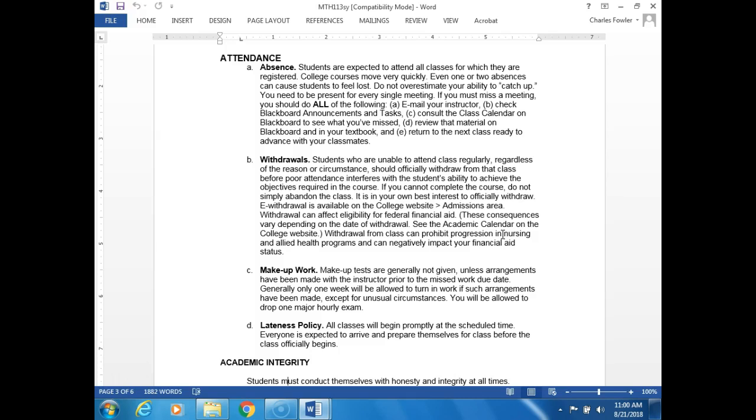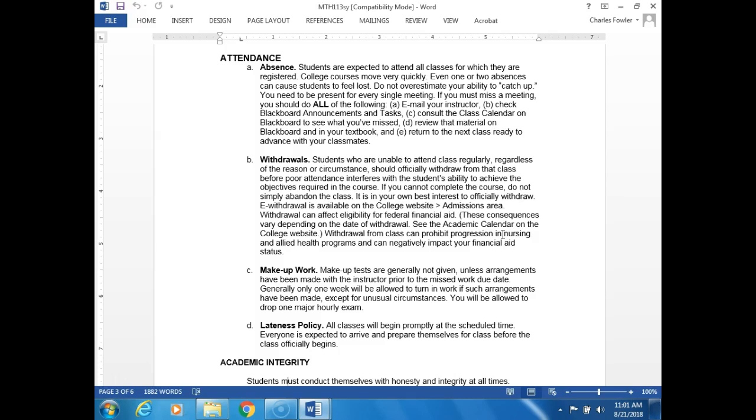Okay, so here's what my suggestion is on withdrawal. If it looks like you are going to make a D or an F, there's just no way you can pull your grade up to a C in a course, the best thing to do is withdraw. Why is that? Well, you're going to have to repeat a D, you're going to have to repeat an F, you're going to have to repeat a withdrawal. Whether it's paid for or not, you're going to have to do it.